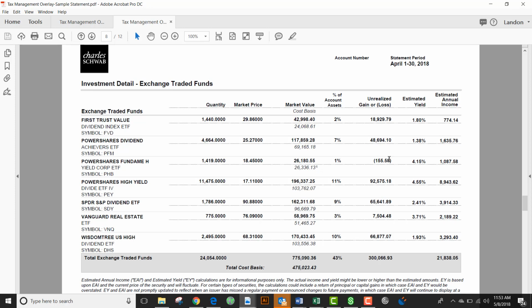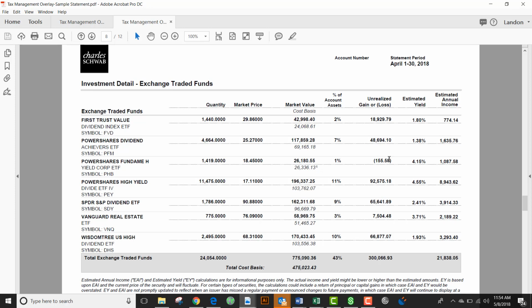Tax loss harvesting is an aspect of tax management overlay. The administrative process of locking the accounts from trading is part of tax management overlay. The process of reviewing those accounts and getting needed trades done without negative tax consequences is part of tax management overlay. So there's all of these interrelated tax planning components that make up what we call overlay.